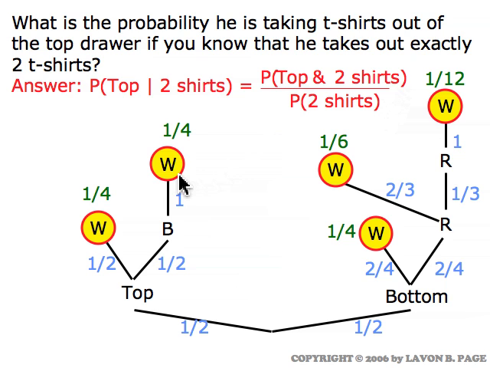That's this case right here, probability 1/4. The probability of drawing 2 shirts is the sum of these 2 probabilities, since these are the 2 cases where he draws 2 shirts. That probability we calculated to be 5/12. So this fraction is 1/4 divided by 5/12, which is 3/5. So the conditional probability we're looking for here is 3/5.